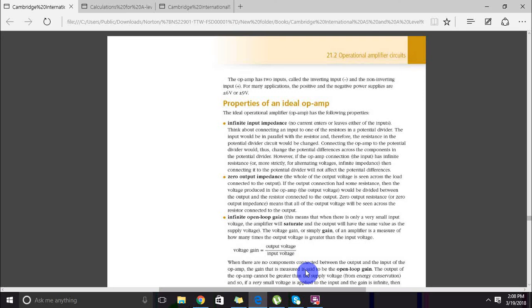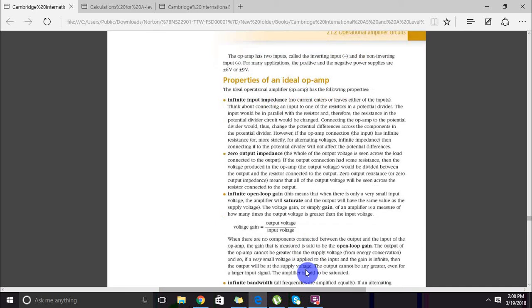This is third. We still have I guess two more important properties to go over, so hold tight. And the voltage gain, or simply gain of an amplifier, is a measure of how many times the output voltage is greater than the input voltage. So it's V out over V in.